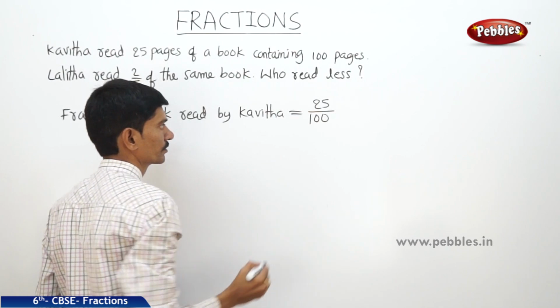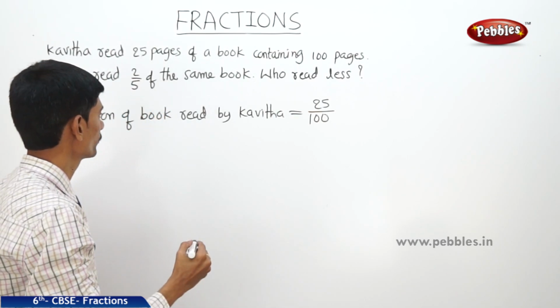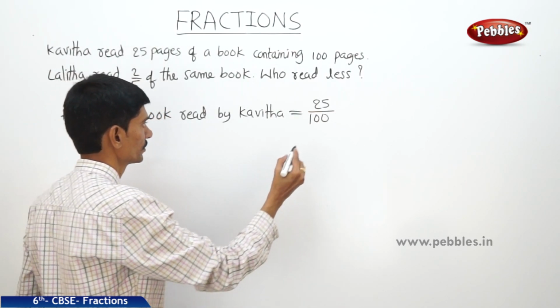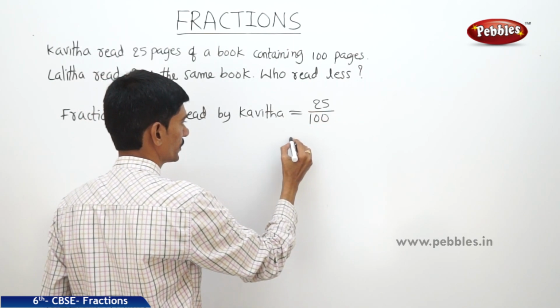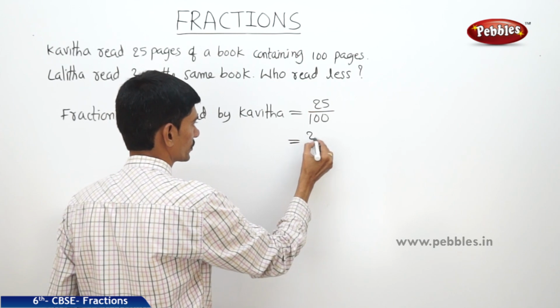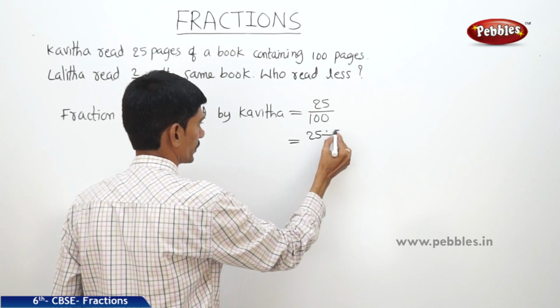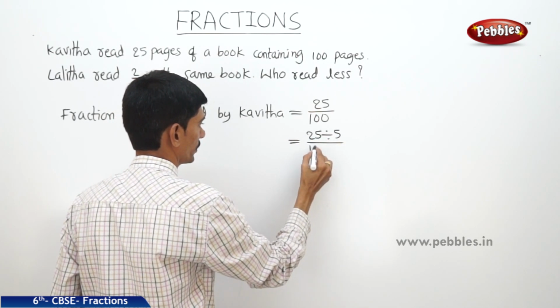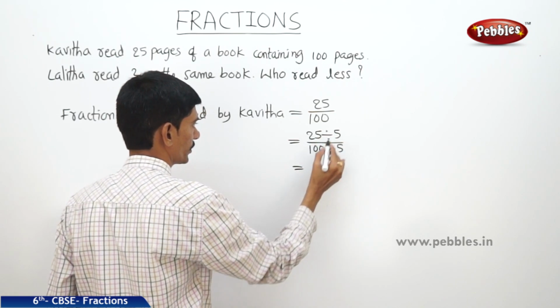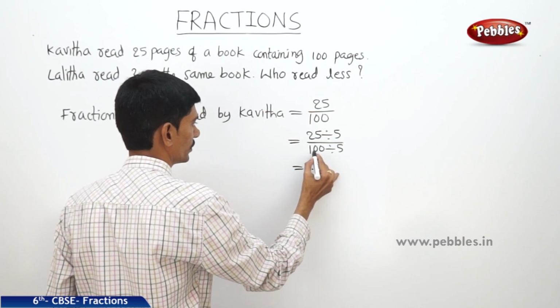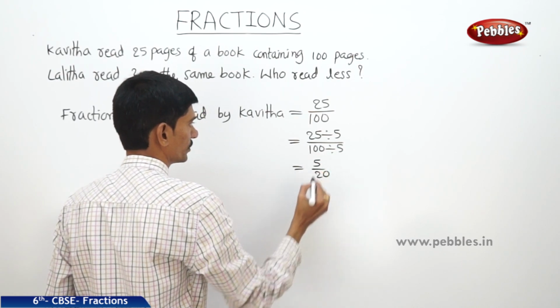If you write it in the simplest form, we divide both numerator and denominator by 5. So we get 25 divided by 5 by 100 divided by 5. So 25 by 5 is 5, 100 by 5 is 20.